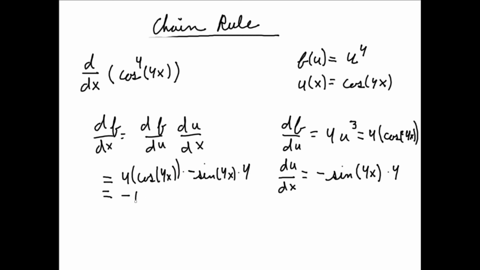So we have negative 16. Oh, and let's not forget one more thing here. I almost forgot, there's a cubed. That's still part of this expression, and the cubed goes right here. Sorry about that. So we have negative 16 times cosine 4x cubed times sine of 4x.